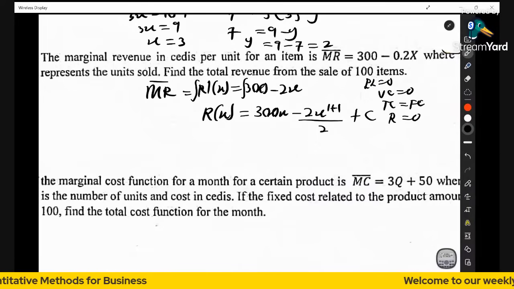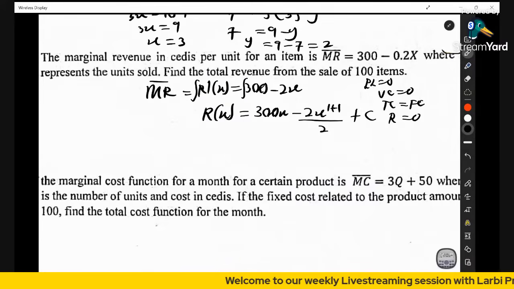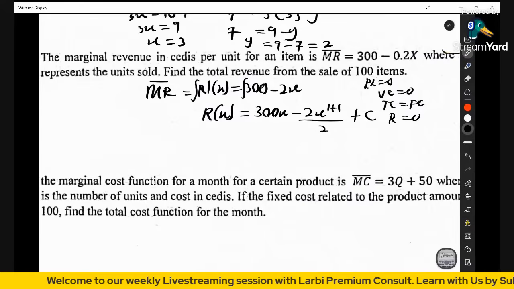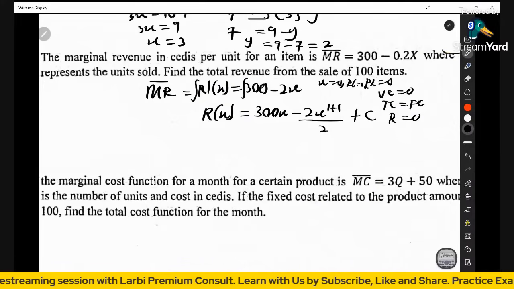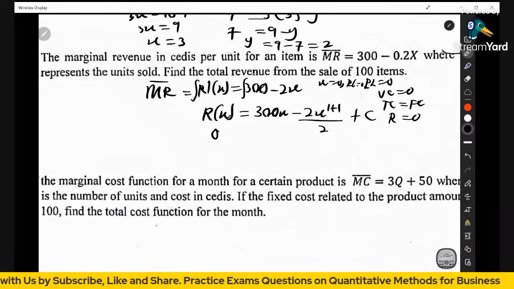So where production is 0, we don't get any revenue. So we'll make an assumption that at the production level of 0, our total revenue should be equal to 0. So we say that when x is equal to 0, our R also should be equal to 0. That's what we're going to say in that case, so that we can find C.